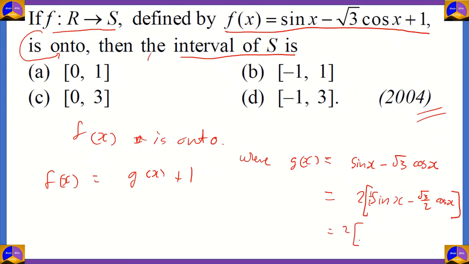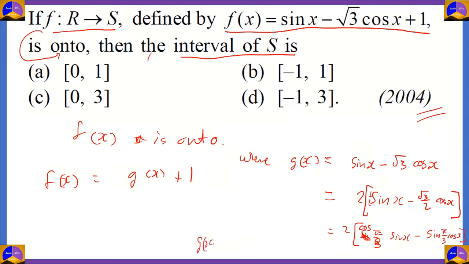So 2 times cos pi by 3 sine x minus sine pi by 3 cos x.